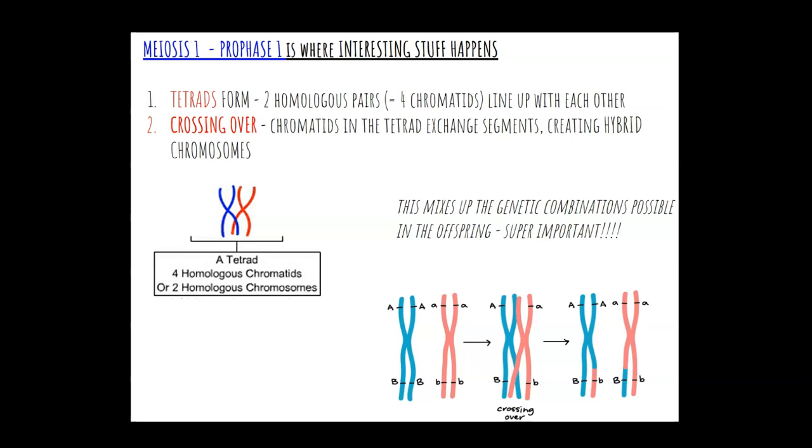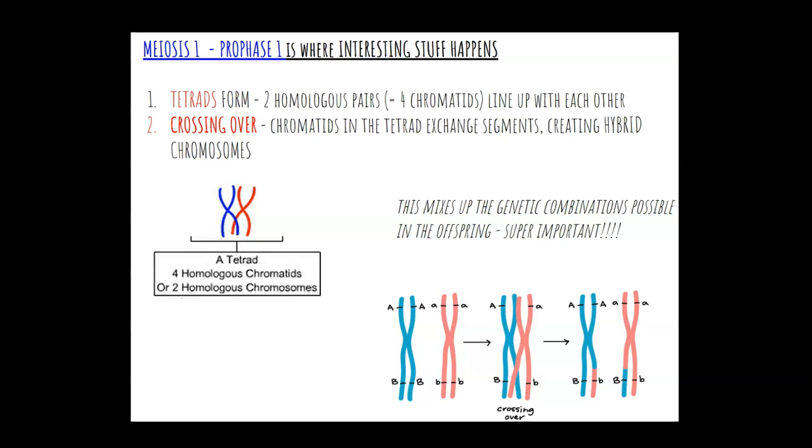Now remember I told you that there ends up being 4 copies of chromosome number 1. Tetra means 4. All 4 of those chromatids, the 2 pairs of homologous chromosomes, line up with each other. And when they line up with each other, something funny can happen, and it's called crossing over.